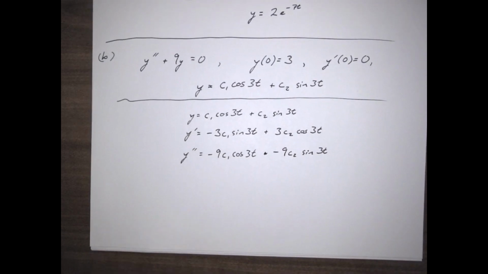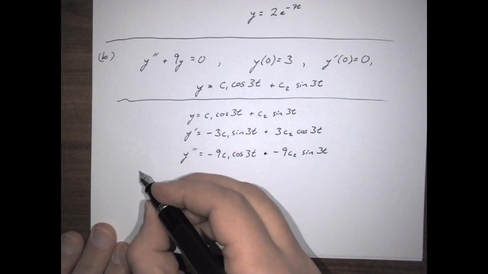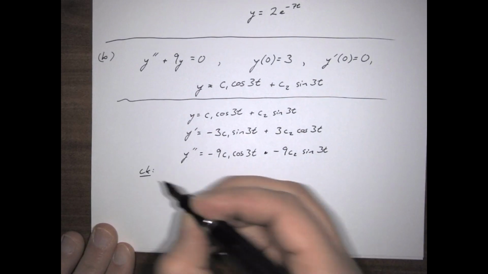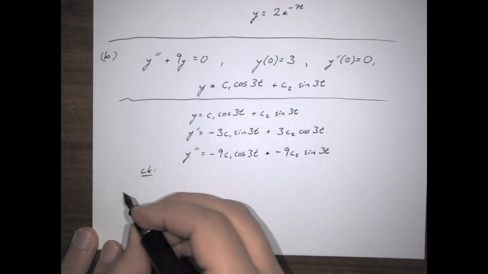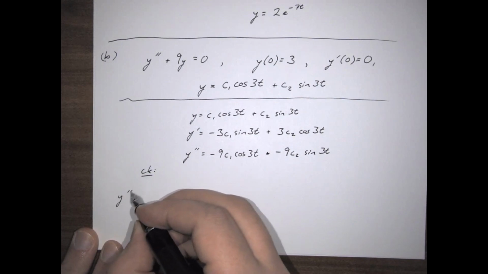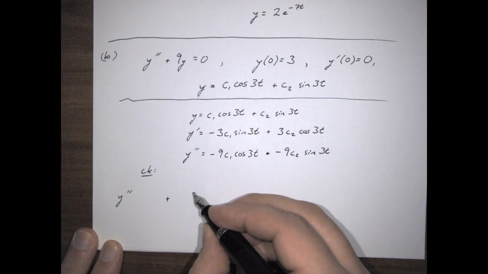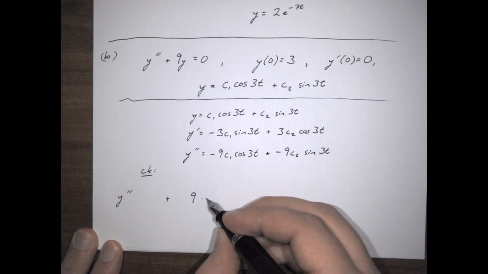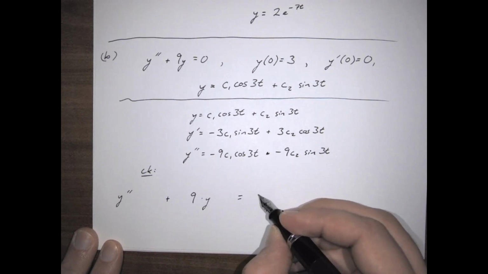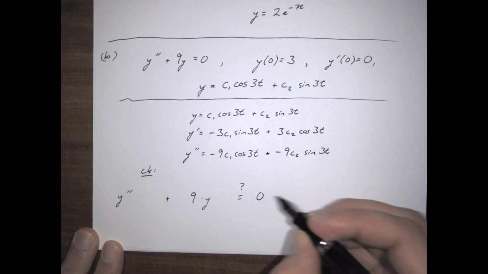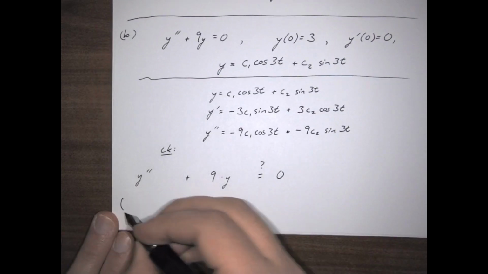Okay, and now we have to check. So we take y double prime plus 9 times y is equal to 0. We'll just put in what we have here for each of these pieces.